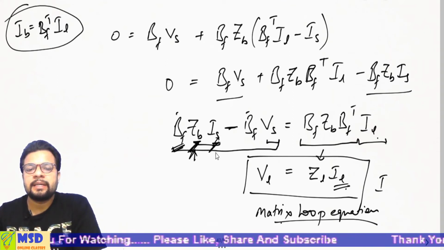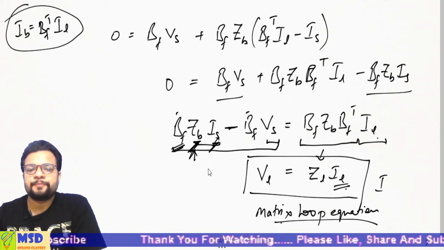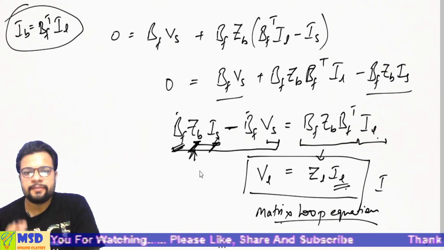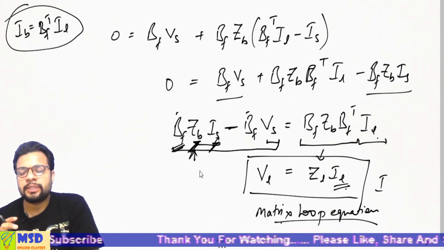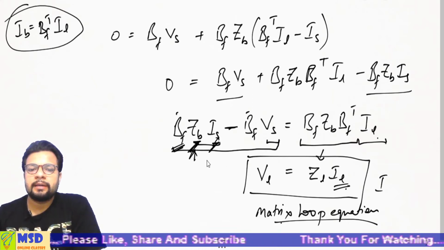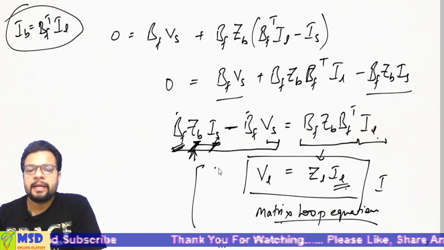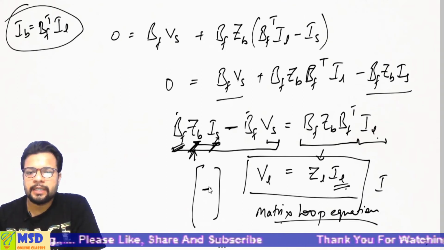Now, IS here is your source current vector. You can write this source current vector by seeing the network. So, if you have any current source associated with any particular branch, then you will mark that element with the value of the current source.